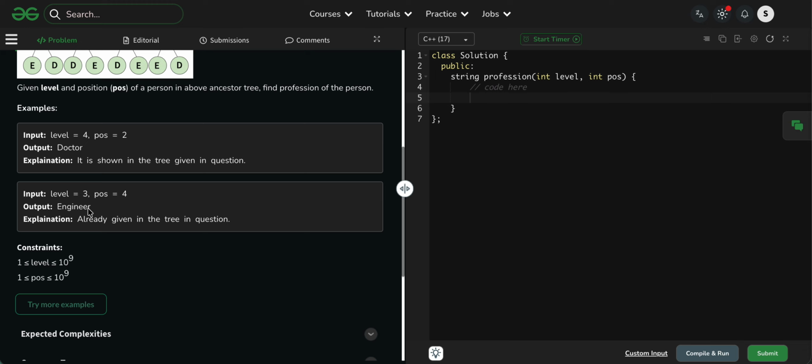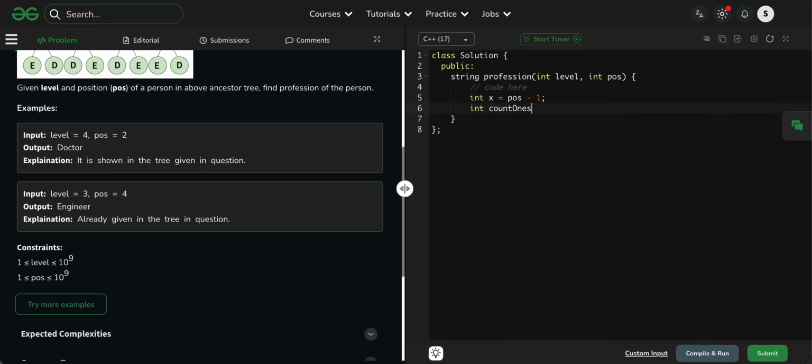Now a very simple approach we can write here: int x is equal to position, and position minus 1. Why? Because if the position is 2, it means we start from 1, right? So now int count once.